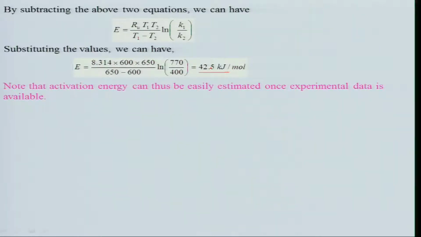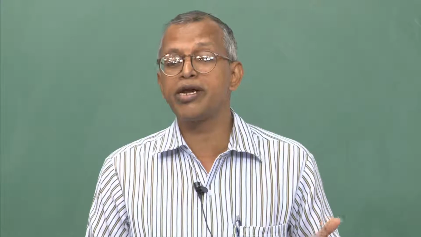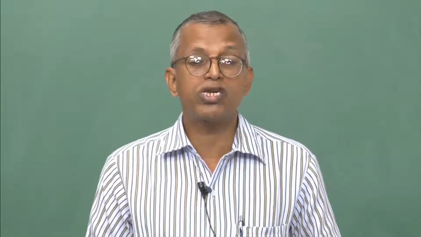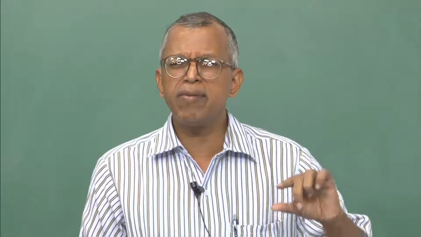We have learned that activation energy can be easily estimated once experimental data is available. Of course, most experiments are conducted under isothermal conditions, because there you can maintain the temperature. We have seen that the reaction rate is strongly dependent on temperature.